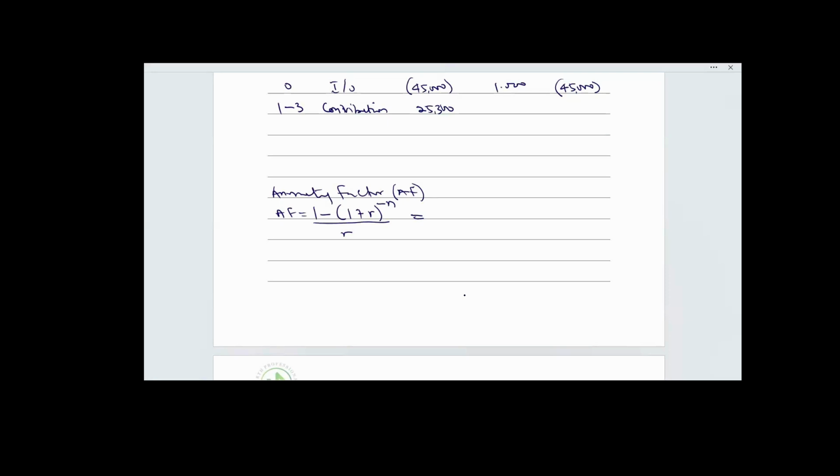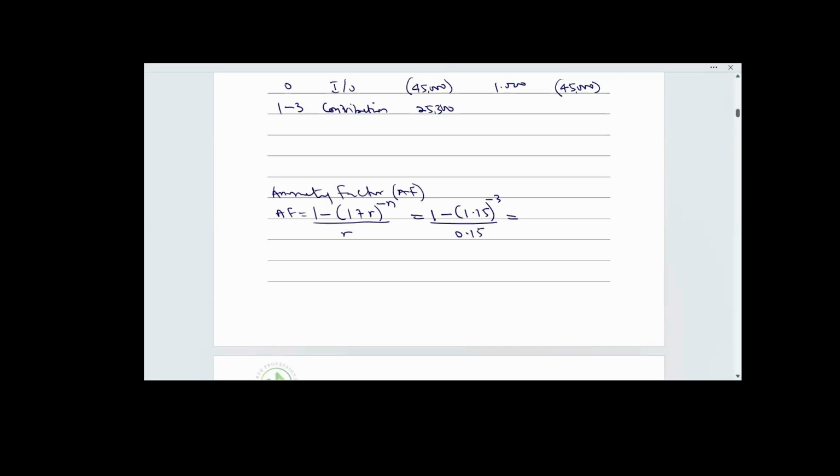N is the useful life of the project. Therefore, 1 minus 1.15 raised to power minus 3, divided by 0.15.